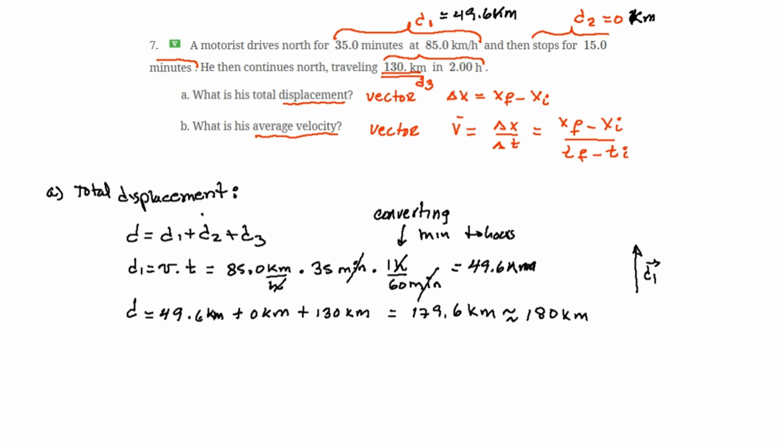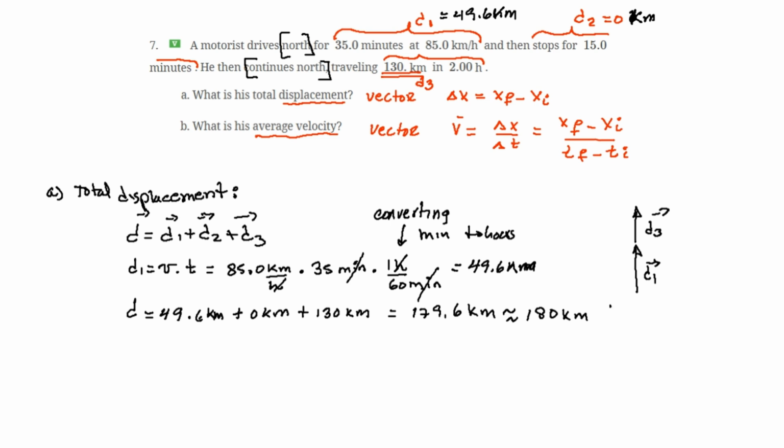And what happened later? He continues north. So the third one is also north. So the displacement D, that is D sub 1 plus D sub 2 plus D sub 3, as it was always north, I am just adding, you know?